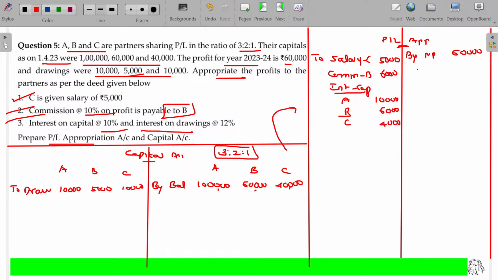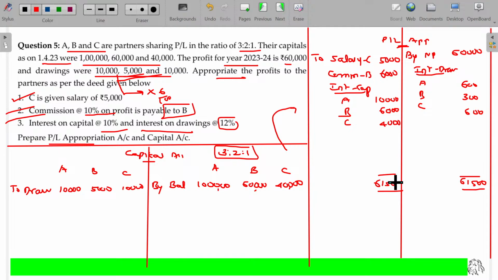Interest on drawings for A, B, C. You have to calculate only half year, so 6%. 600 for A, 300 for B, 600 for C. Then find out the profit and loss. There's a profit of rupees 3,500.